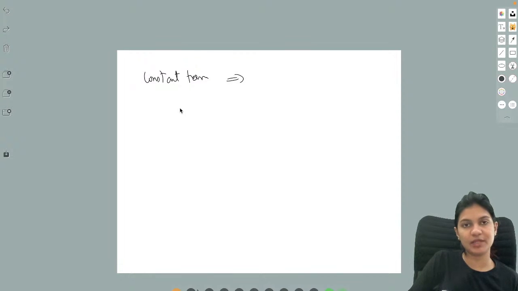The constant term will be nothing but 20 minus 5R equals 0. That means R value will be equal to 4 in that case.